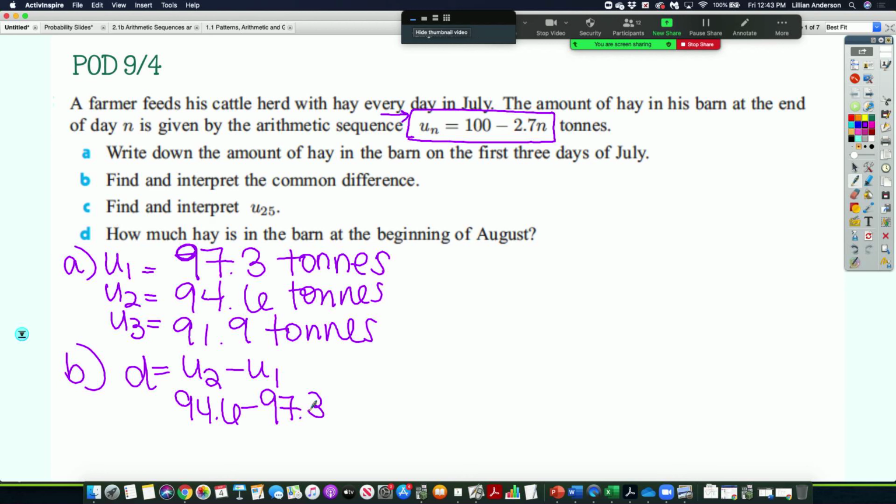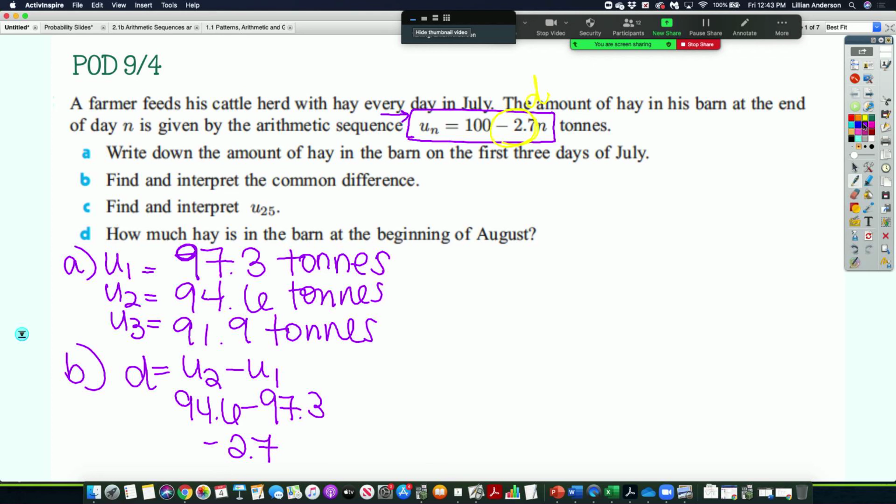Yes, we do. Just like I said before, that value that's attached to your variable is always your common difference every single time whenever you're given the simplified explicit formula.